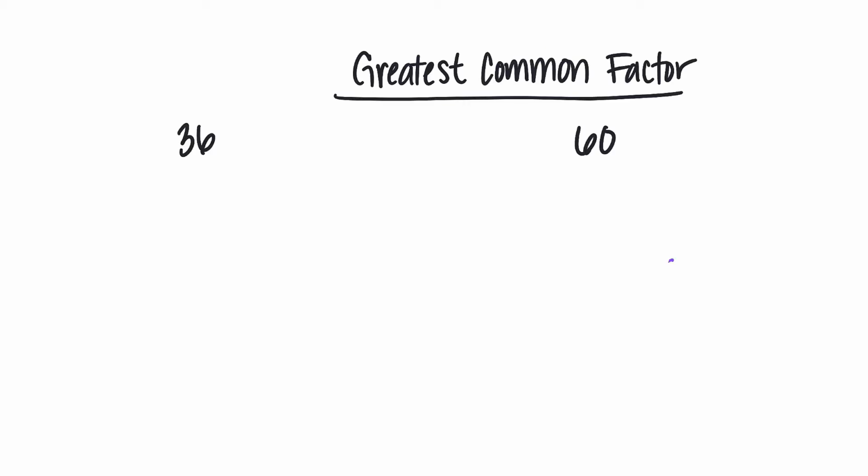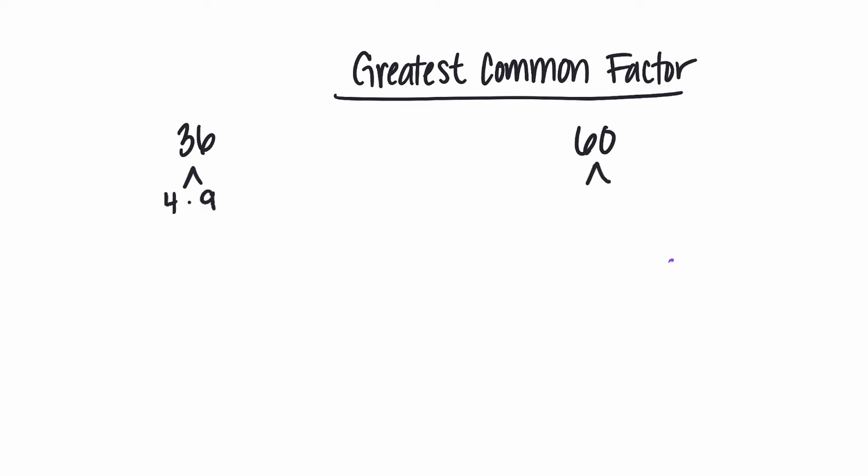Let's start off doing this problem. So we have our greatest common factor. We're looking for the greatest common factor between 36 and 60. So the first thing that I'm going to do is make some little factor trees here. And I'm going to think about how can I make 36? Well, I know I can make 36 by multiplying 4 times 9.